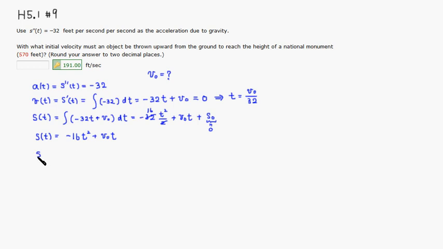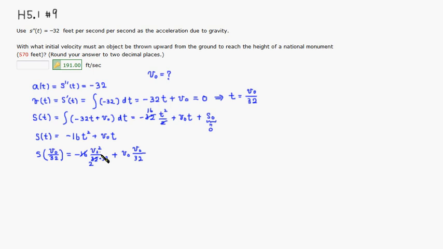So s of v0 over 32, the highest point, is going to be negative 16 times v0 squared over 32 squared. I'm going to write 32 times 32 because we can cancel 16 and 32, then you have 2 here, plus v0 times v0 over 32.